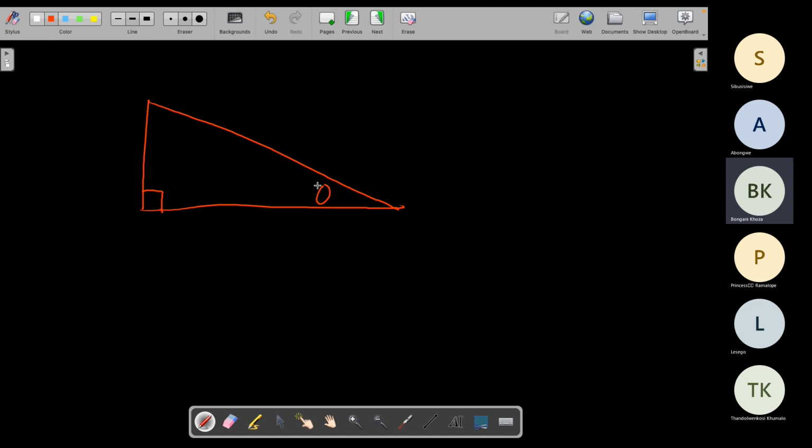Right. So if this is our angle, theta, or whatever they call it, we are able to use this angle to get our sides. If we have that side and that side, we are able to get the other side. So usually we have one unknown, and then we are given two knowns.